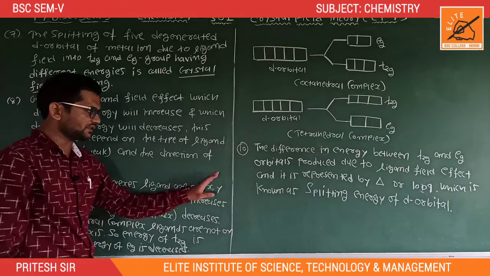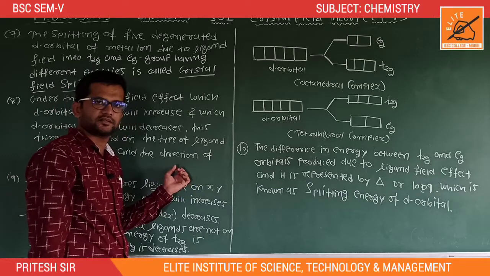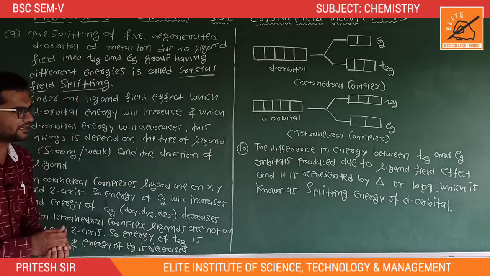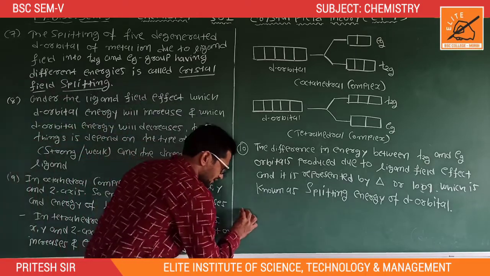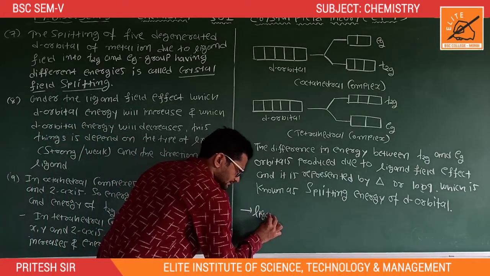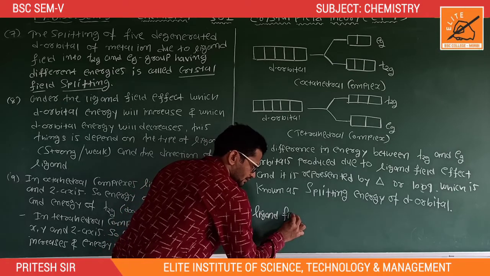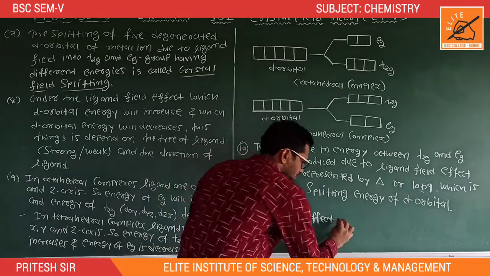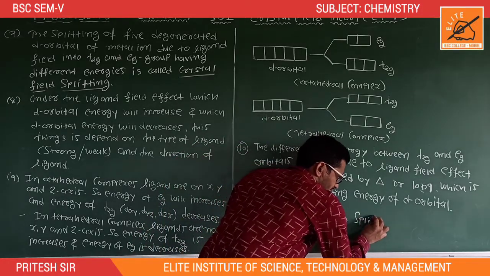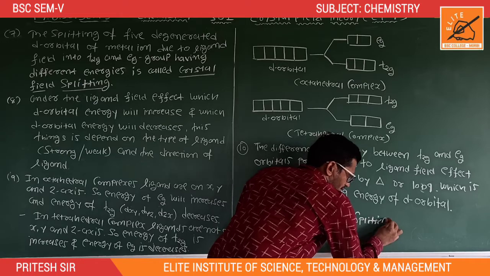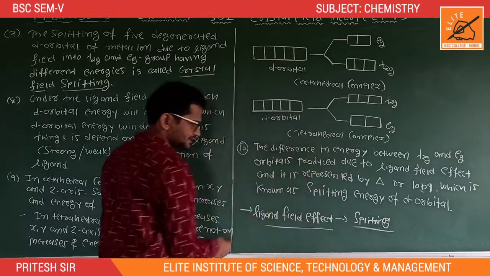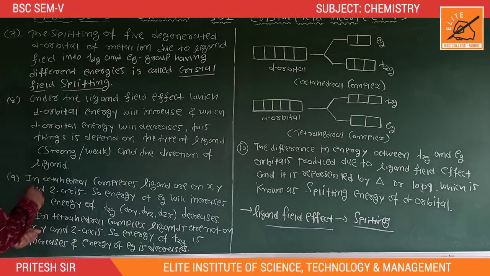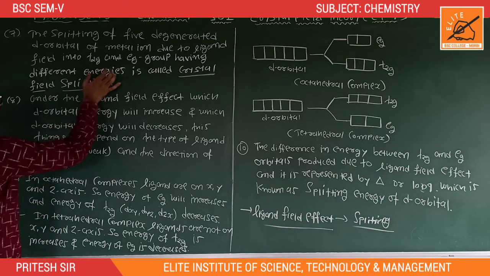When a ligand comes closer to the metal ion, at that time the d orbital energies change and the d orbital is further split into two groups in the presence of the ligand field effect. Splitting is observed in the presence of the ligand field effect, and the d orbital is split into T2g and Eg groups having different energy.